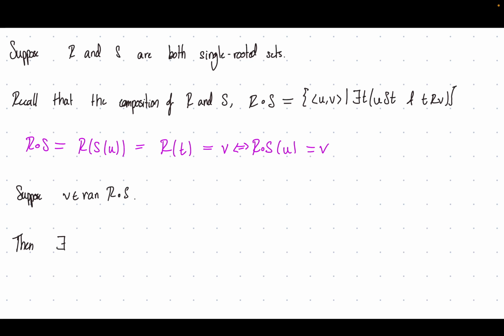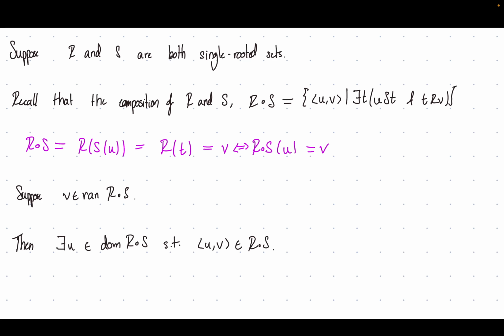Alright. So, suppose V is in the range of R compose S, then there exists some U in the domain of R compose S such that (U, V) is in R compose S. Okay.